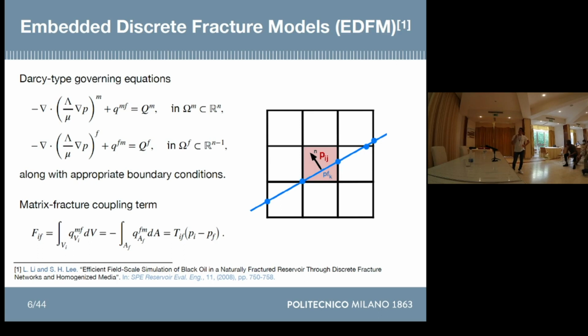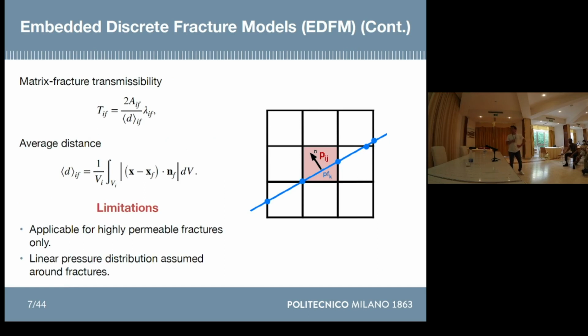In order to discretize this system of equations, we use finite volume methods. In finite volume methods, the fluxes at the interfaces of the cells are computed as the product of a transmissibility times a pressure difference.